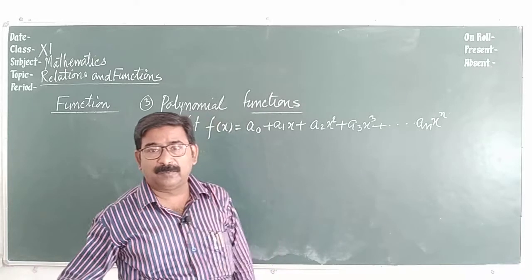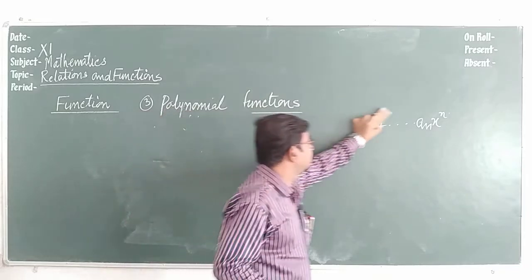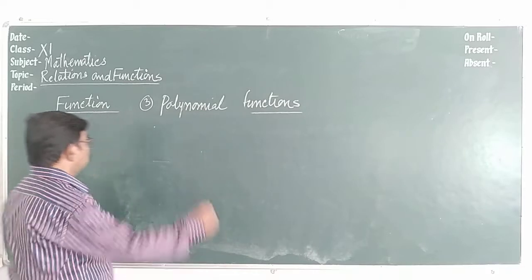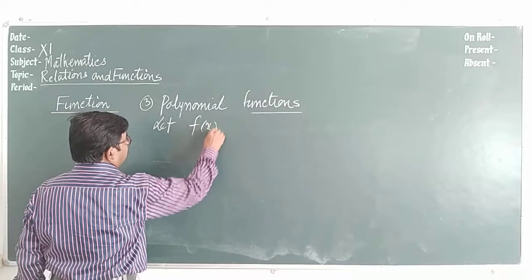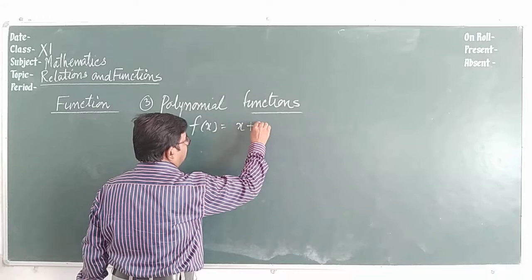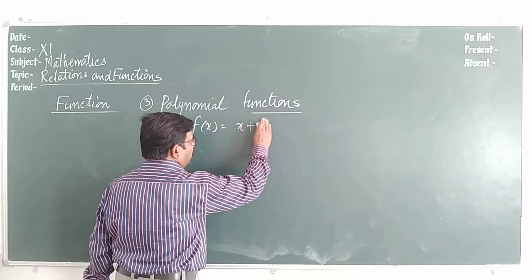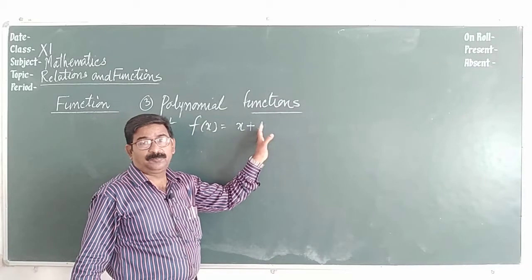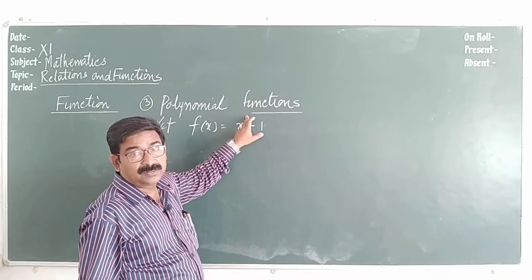So this is one type of function. We will discuss the types of functions one by one. Let's see, I am writing a function. Let f(x) is equal to x plus 3, or x plus 2, or x plus 1. Any of these, what kind of polynomial function is this? It is a linear function, because the degree of x is 1.